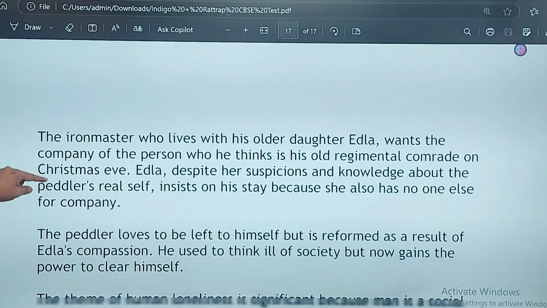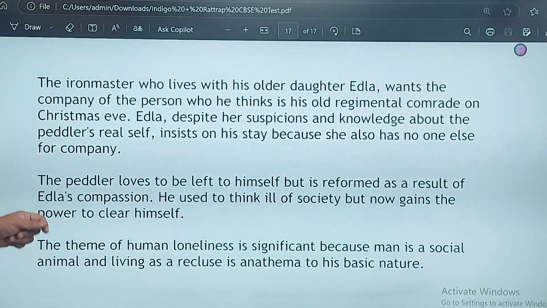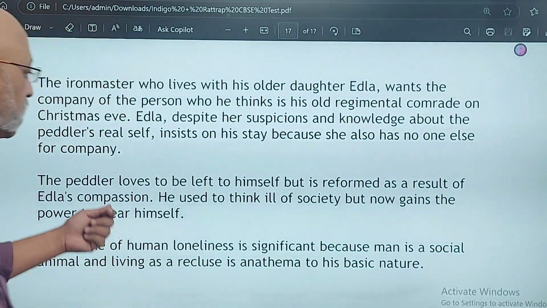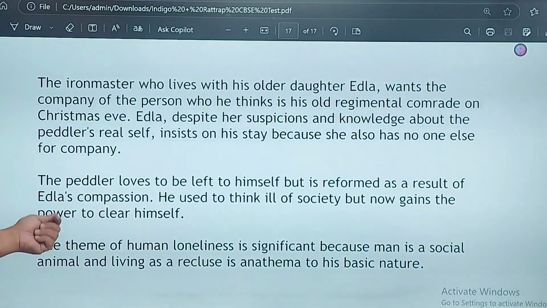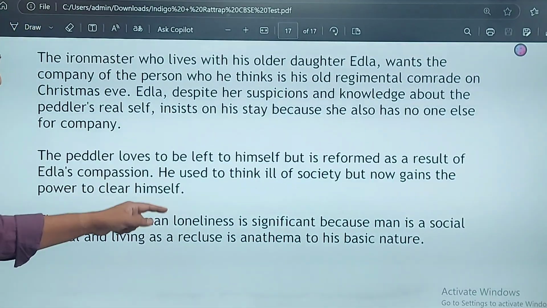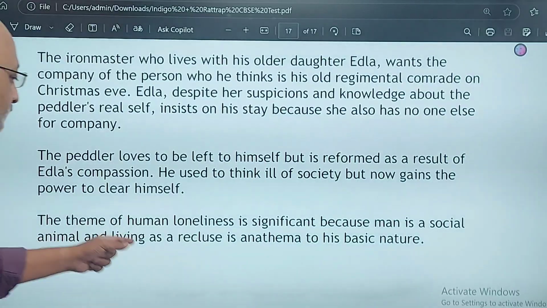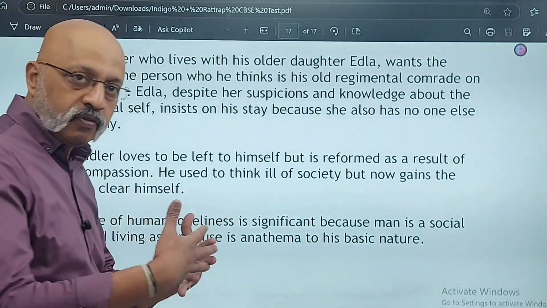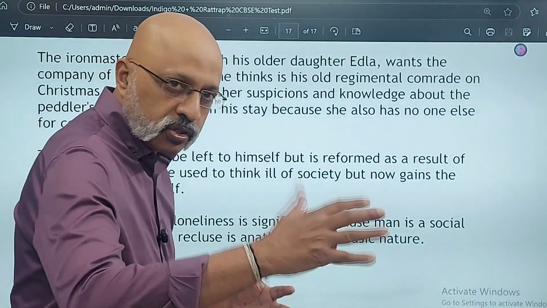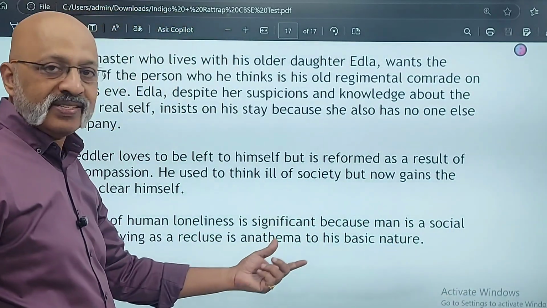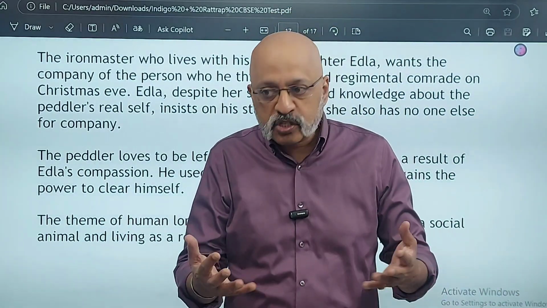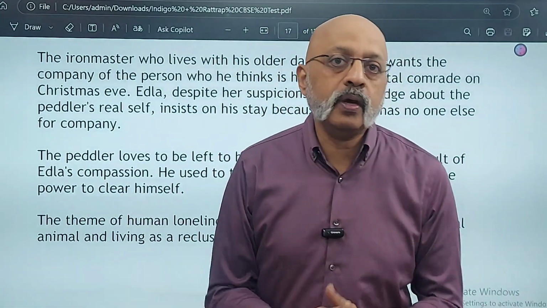The peddler loves to be left to himself, but is reformed as a result of Edla's compassion and generosity. He used to think ill of society, but now gains the power to clear himself. So the theme of human loneliness is significant because man is a social animal, and living as a recluse, someone who is isolated, is anathema, something which is not to be done to his basic nature. It's not something which comes naturally. We are all social animals, so we all want human company all the time.